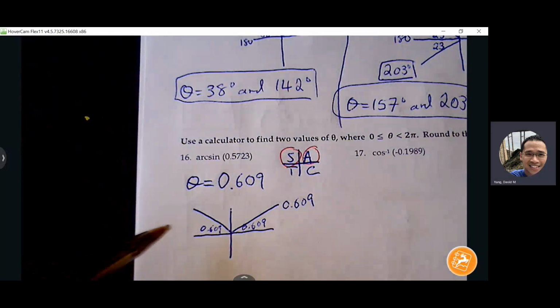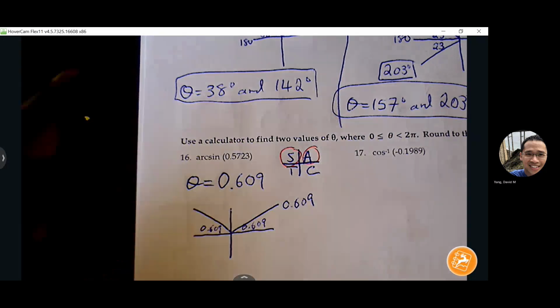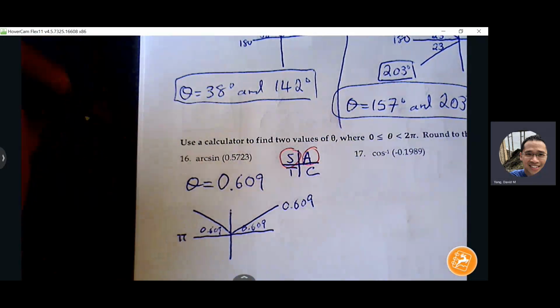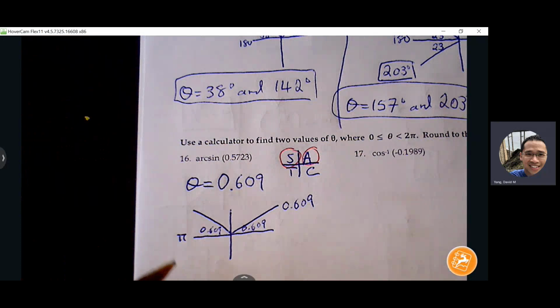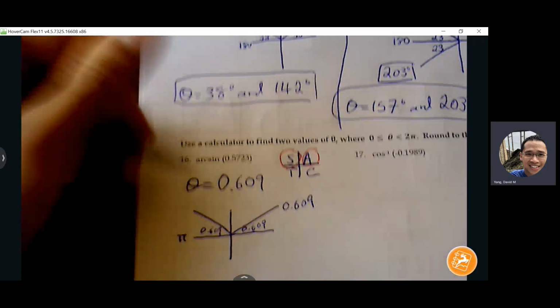But how do I find my second quadrant measure? Yeah, subtract from pi, right? Now we're dealing with radians, no longer 180, but this idea is still the same, except it's pi minus 0.609.